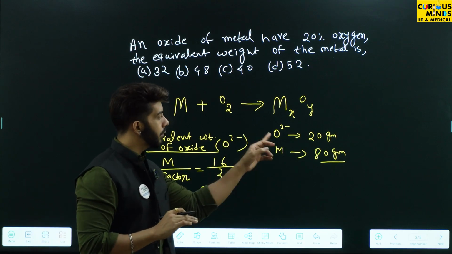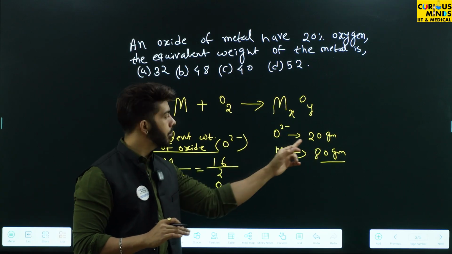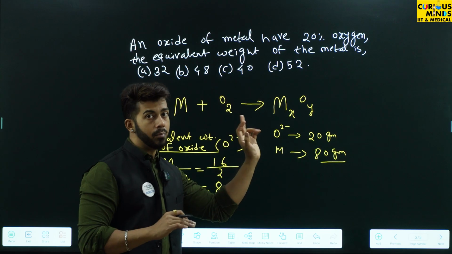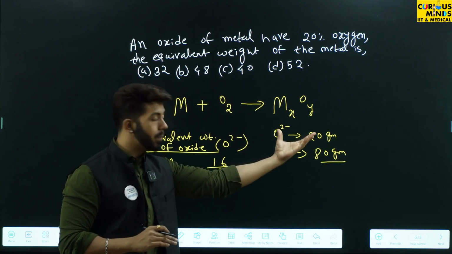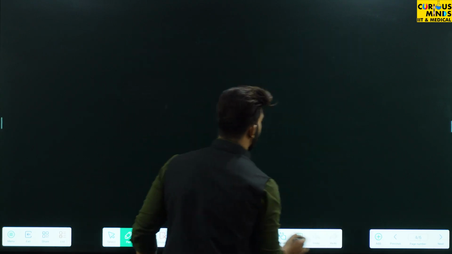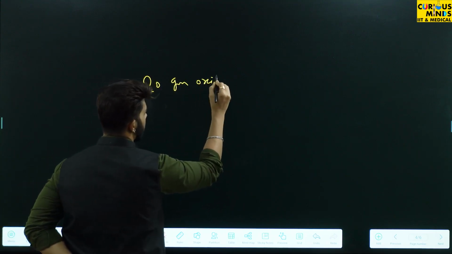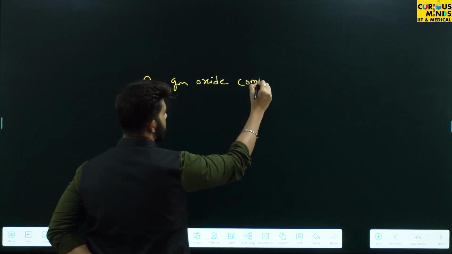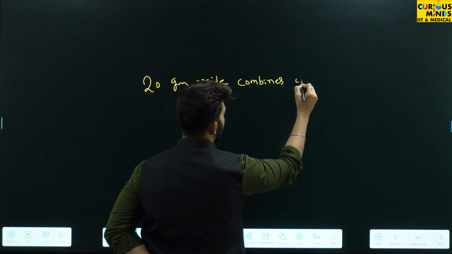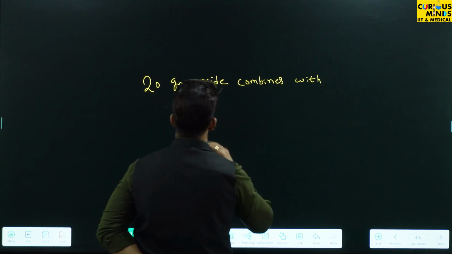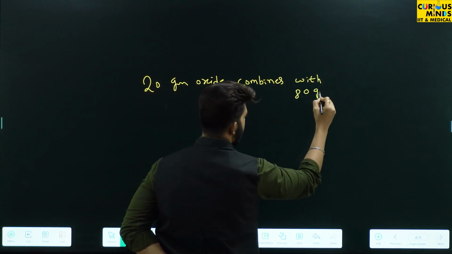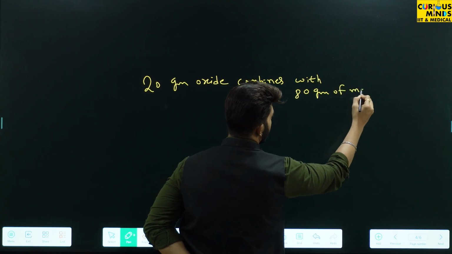Now we know if the oxide part is 20 gram, the metal part will be 80 gram. So from this, can we conclude that 20 gram oxide combines with 80 gram of metal?